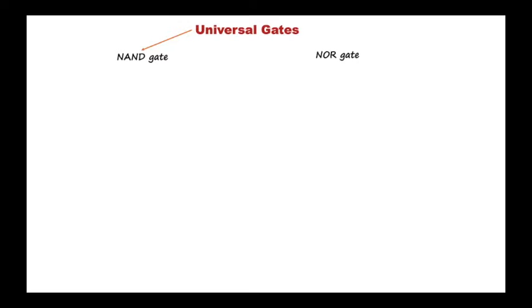So what is the NAND gate logic? Here you can see NAND gate logic is AND gate plus a NOT operation. So Z equals first A dot B, then its bar gives A bar plus B bar, which is the NAND gate logic. Now this is the NOR gate.